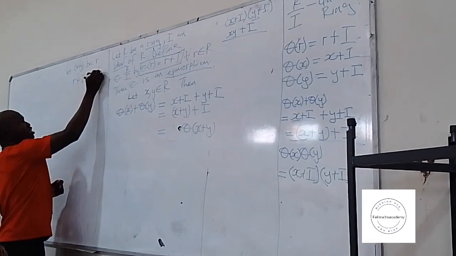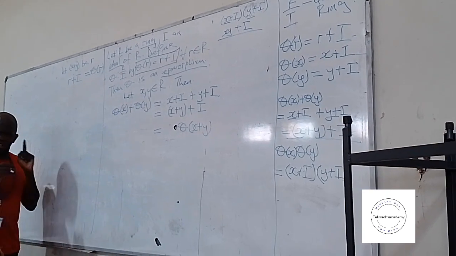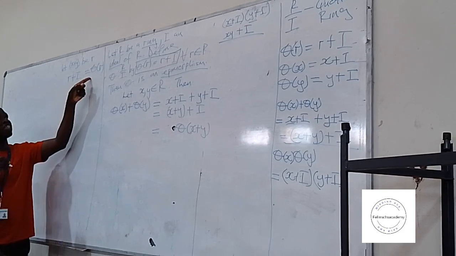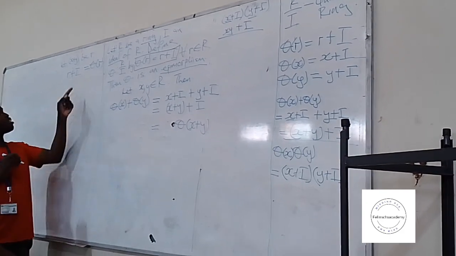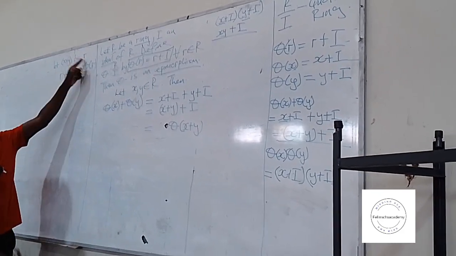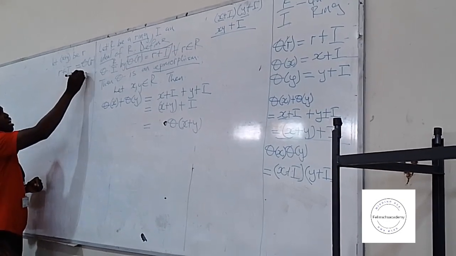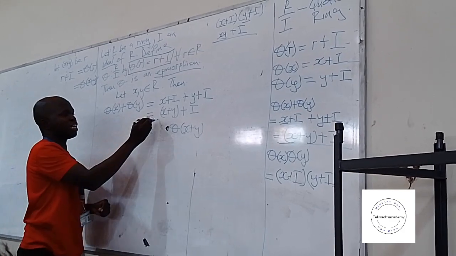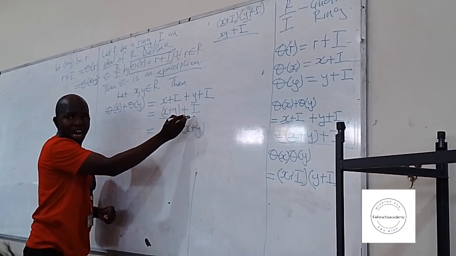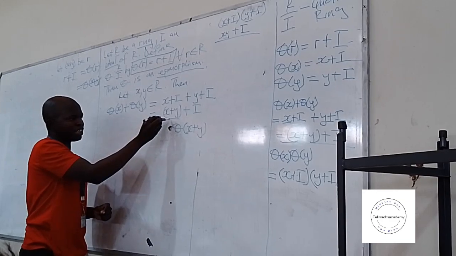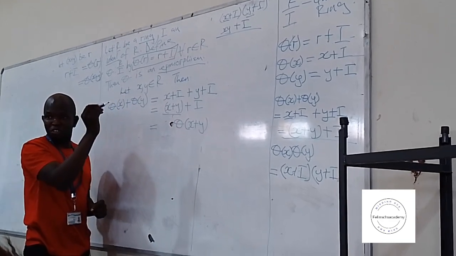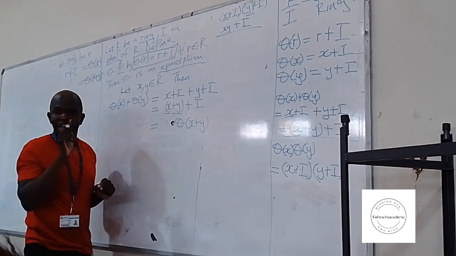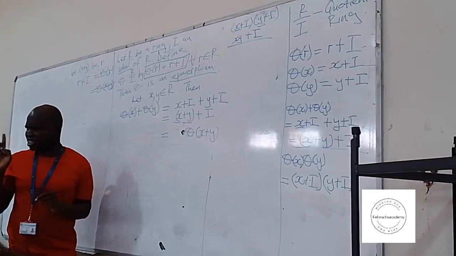Theta r, r plus I is equal to theta what? R. But this is x plus y, the r. But this is equal to theta x plus theta y, so now x plus y plus I. So what does it mean?